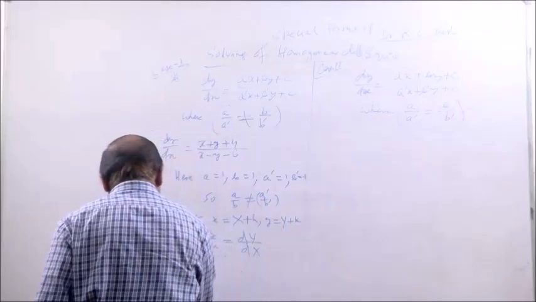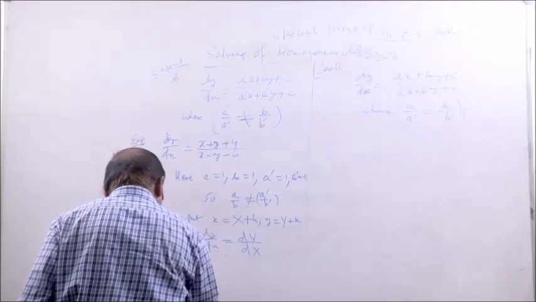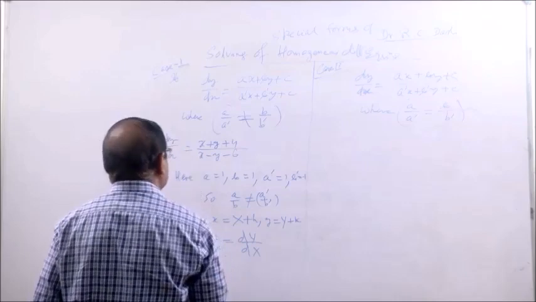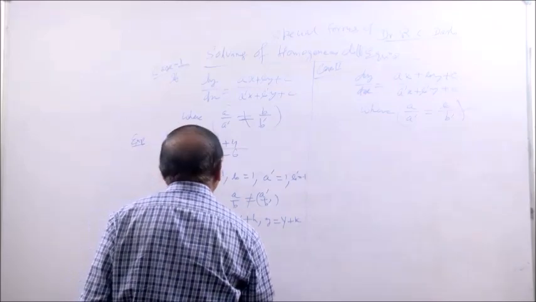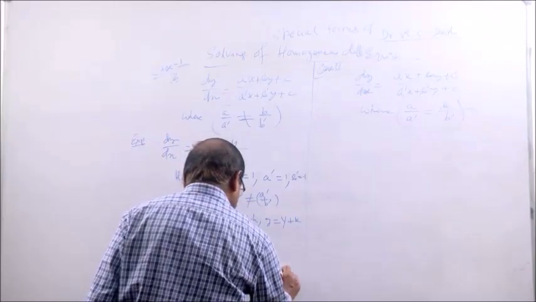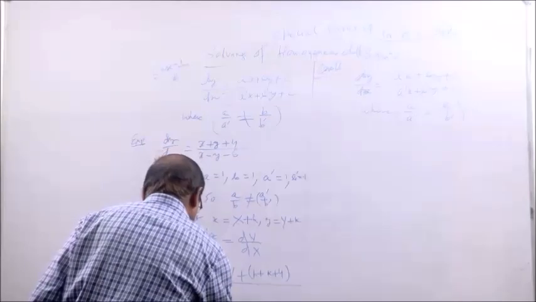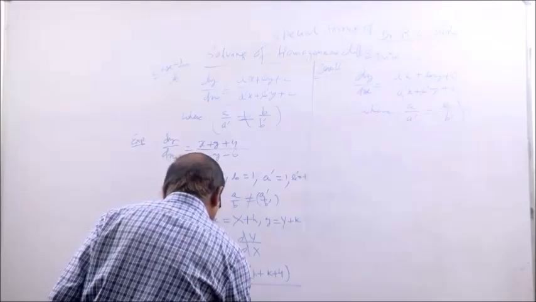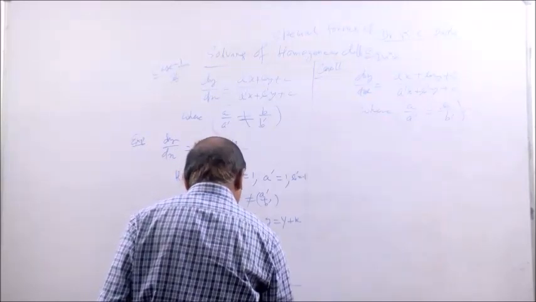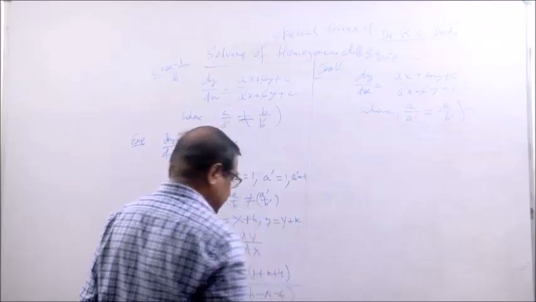Now, that implies dY by dX is equal to X plus Y plus h plus k plus 4 by X minus Y plus h minus k minus 6.